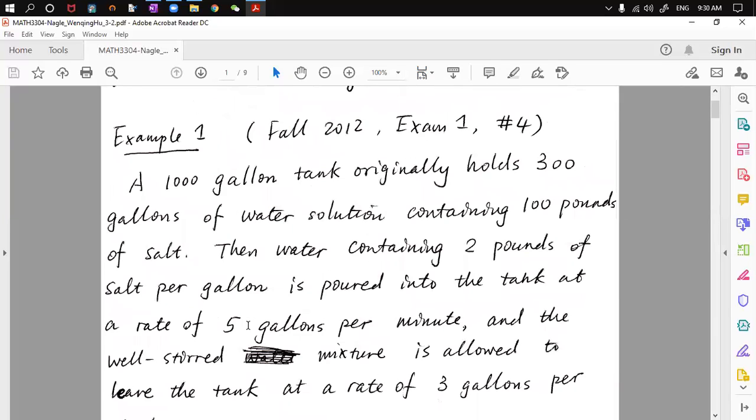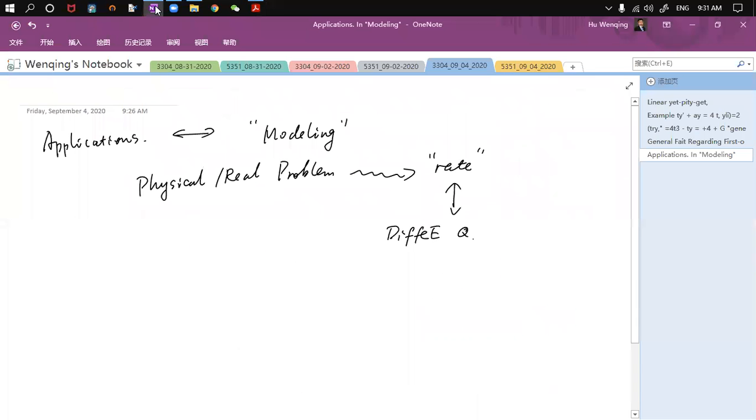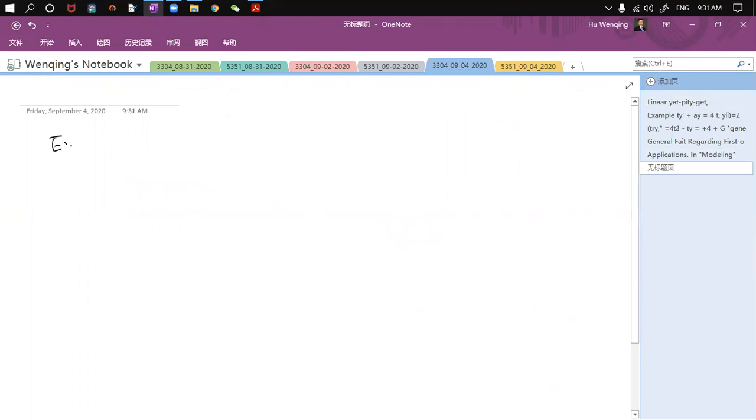So how do we model it? Well, it says that you have a 1,000 gallon tank, which originally holds 300 gallons of water solution. So you want to draw a picture. Let's say this is a 1,000 gallon tank. At first it was holding 300 gallons of water solution.